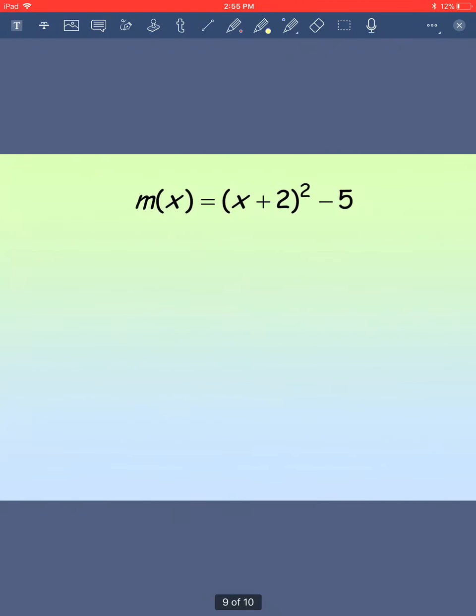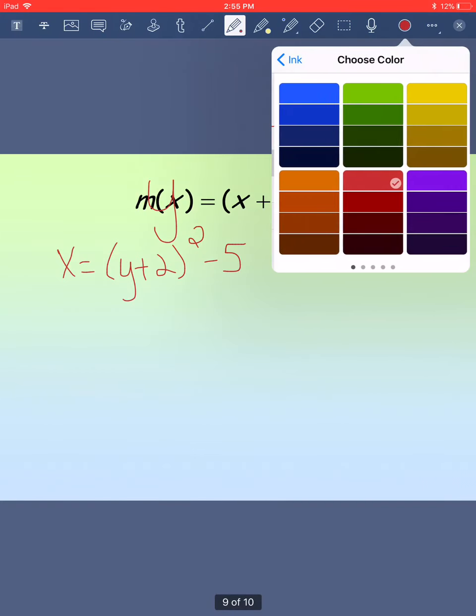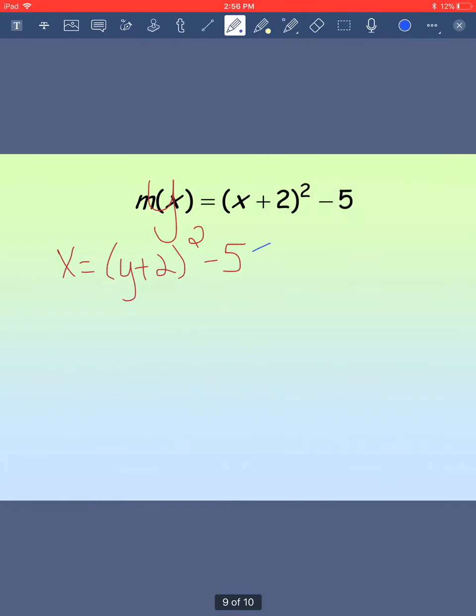All right, I've got L of x equals x plus 2 squared minus 5. So rewrite L of x to be a y and switch x and y. So x equals y plus 2 squared minus 5. So I'm going to add 5 to each side. So x plus 5 equals y plus 2 squared.